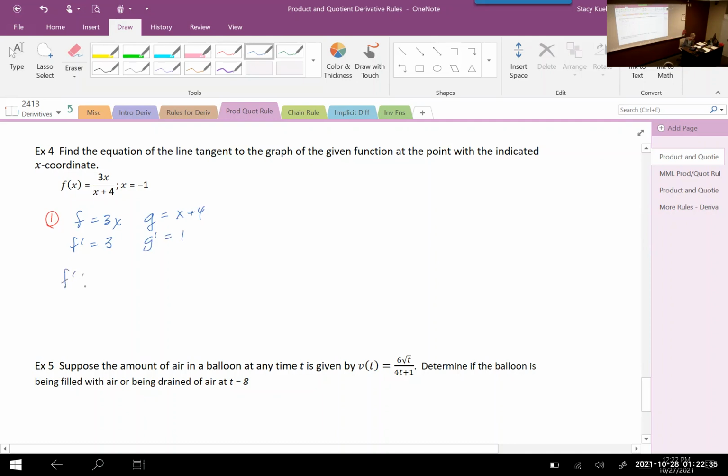So the derivative is x plus 4 times 3 minus 3x times 1, all over x plus 4 squared.